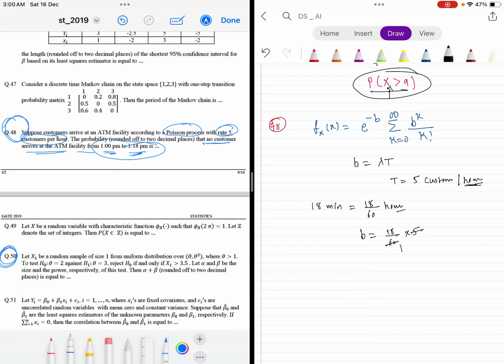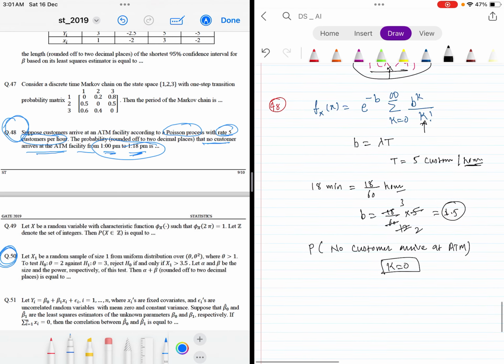So it will be 1.5. And we have to find the probability that no customer arrives at the ATM, which means the value of k is 0.